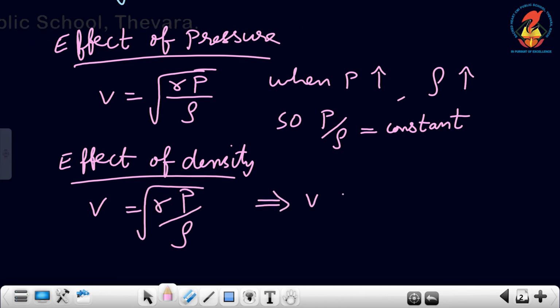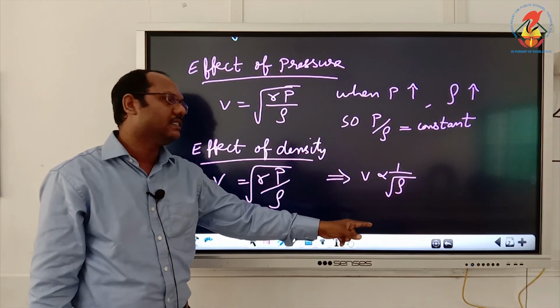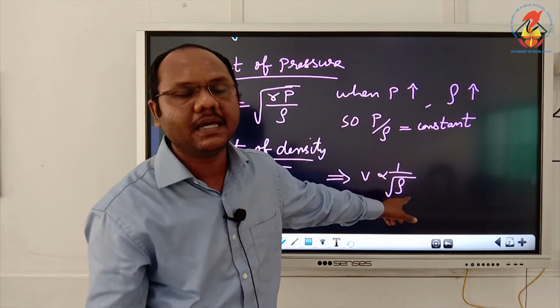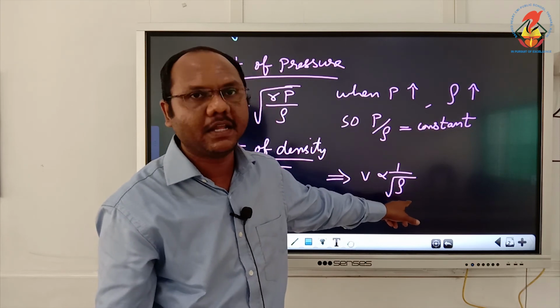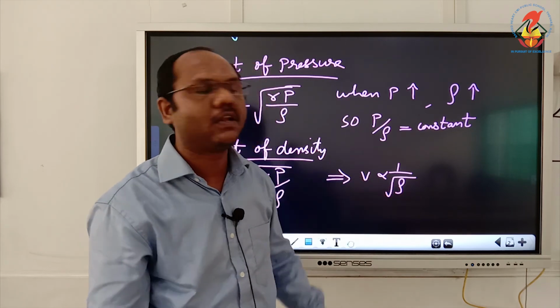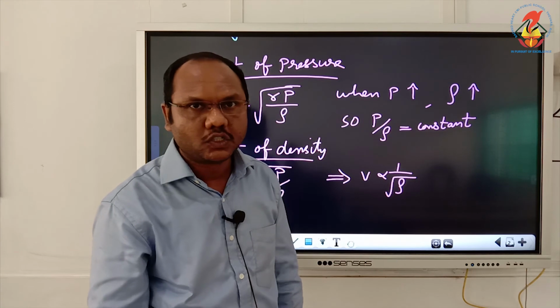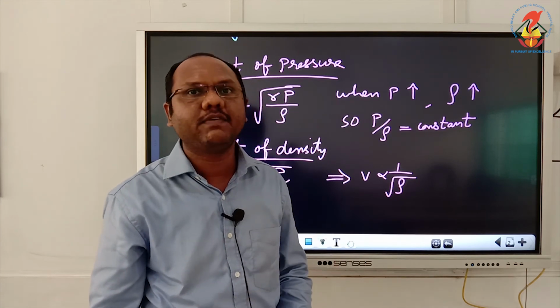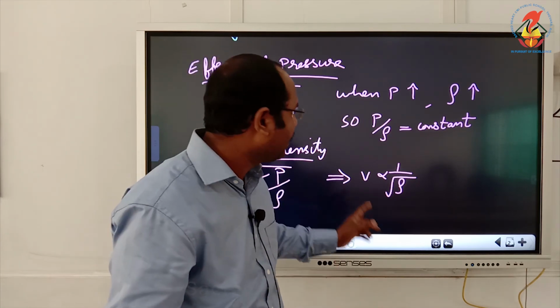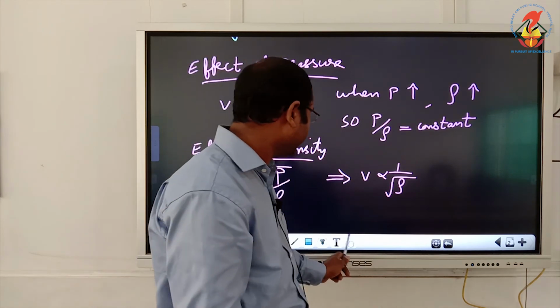From here I can write V proportional to 1 by root rho. I kept pressure constant. Density is only increasing. When density increases, it is coming in the denominator, right? So, the velocity will decrease. So, if density of a gas is increased, then the velocity of sound is decreased.